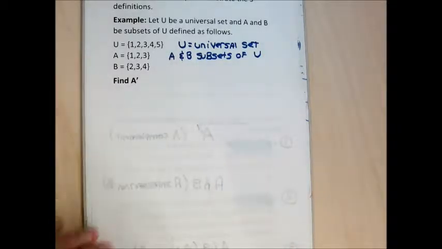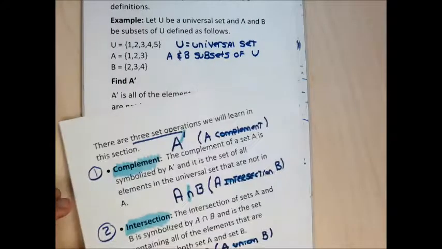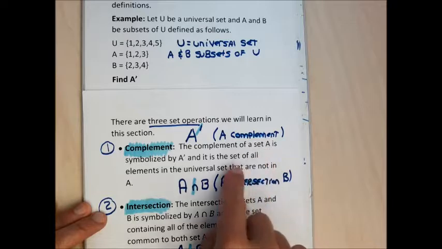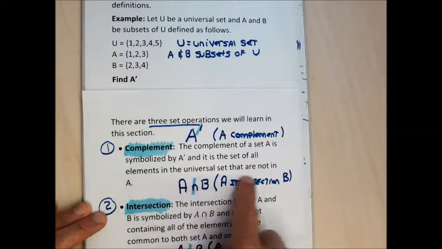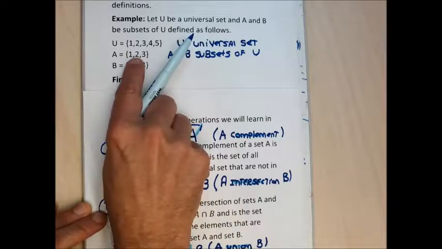The first thing I ask you to find is the complement of A. And the definition of the complement of A will help me find it. The complement of set A is all the elements in the universal set that aren't in A. So A has the numbers 1, 2, and 3.